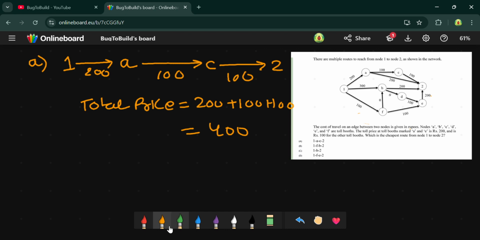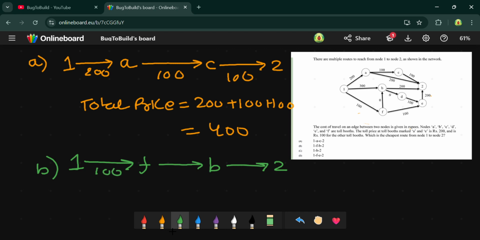In the same way I will find it for option B also. Here is given 1, F, B and 2. From 1 to F the price is 100, F to B the price is 0, and from B to 2 the price is 200.